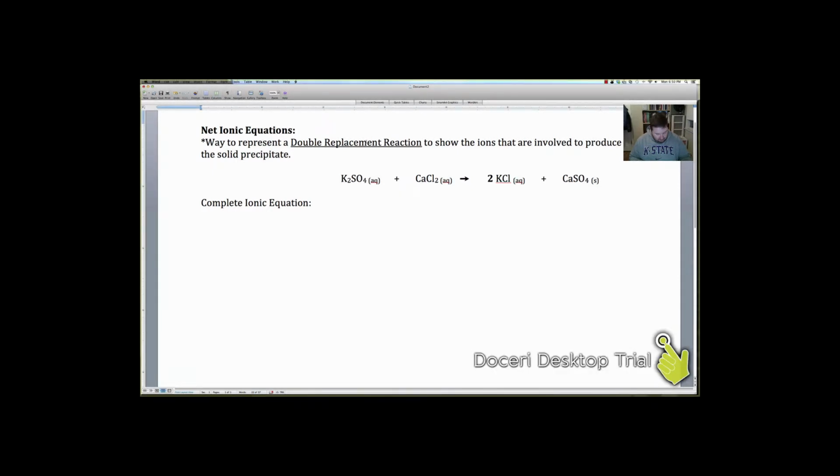So let me grab my pen here, and here we go. I take the subscript for individual elements, and I say that I have 2 potassium ions with a 1 plus charge. I then say that I have 1 sulfate ion with a 2 minus charge.